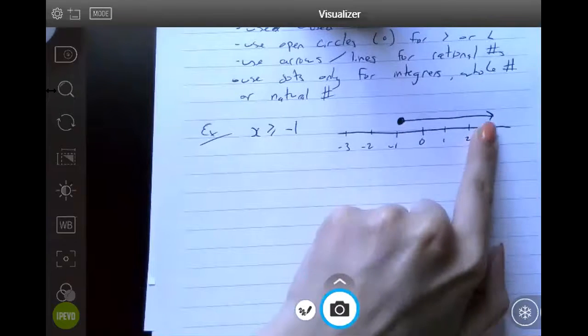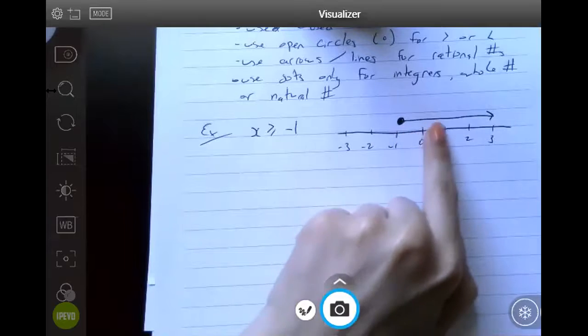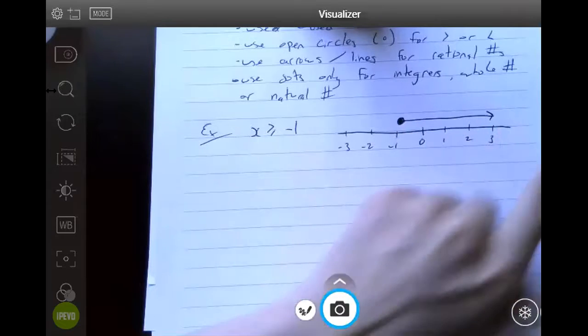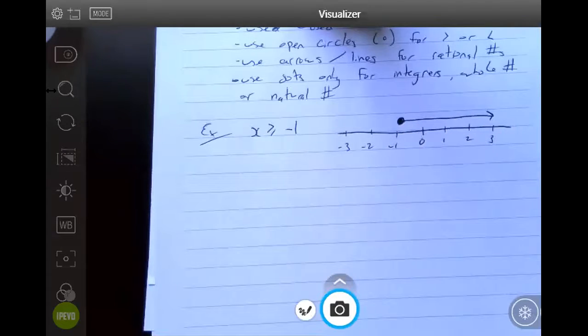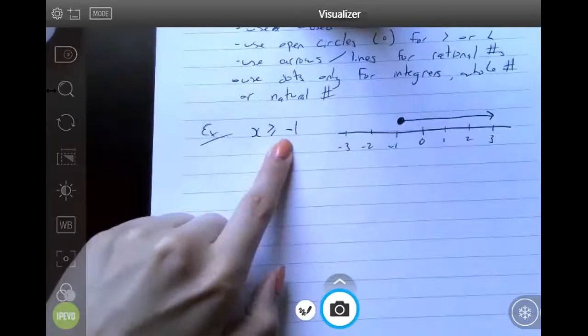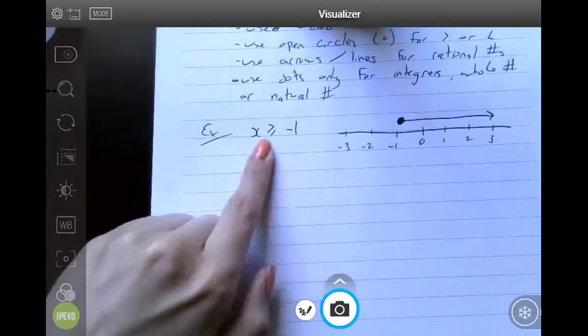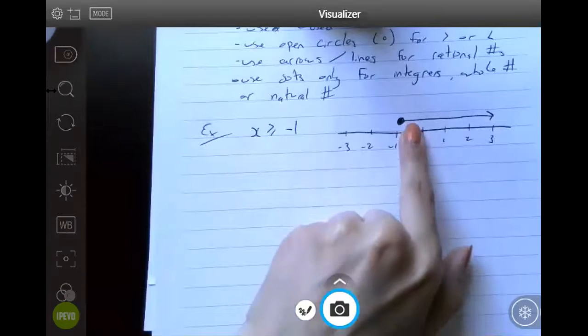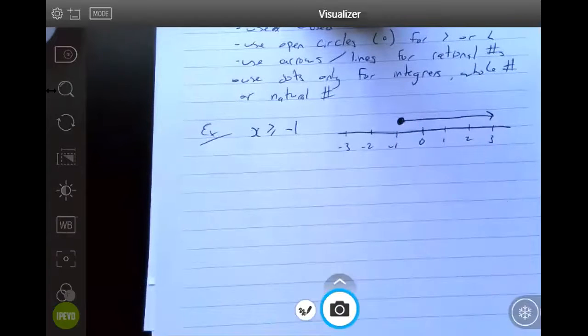And then we use an arrow to show that this would continue on if our number line was longer. Okay. If it doesn't say what type of number, we assume that all rational numbers are included. That is why I've used this arrow here.